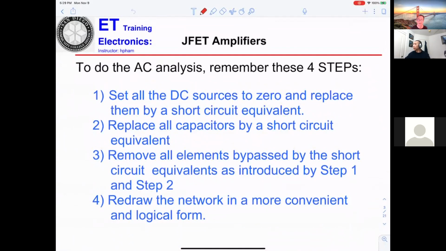So that's why in AC circuitry, you never see any capacitor. They will be shorted. Okay? Remove all elements bypassed by the short circuit equivalent as introduced by step 1 and step 2. Redraw the network in a more convenient and logical form.